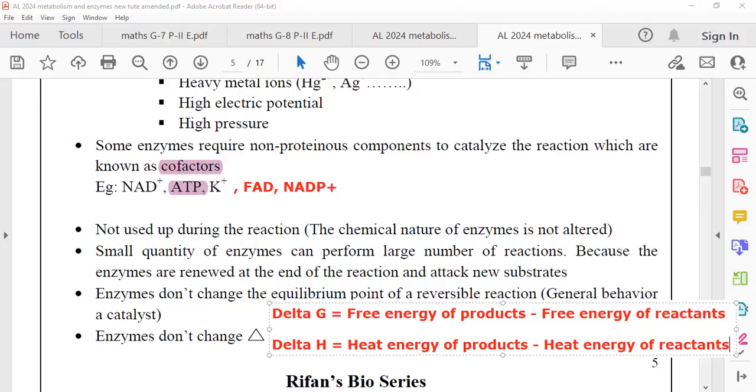Understood? So, can an enzyme alter delta G or delta H? No. Delta G or delta H cannot be altered by an enzyme. Understood? If you want, I can put these details there. It will be useful for you.